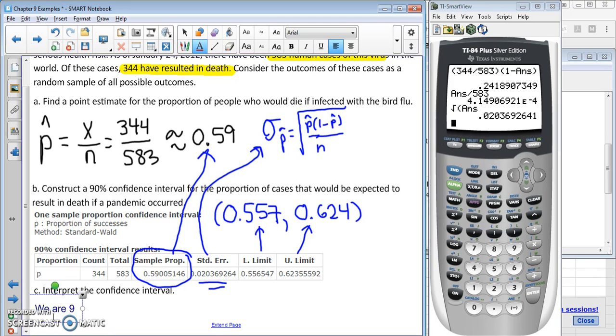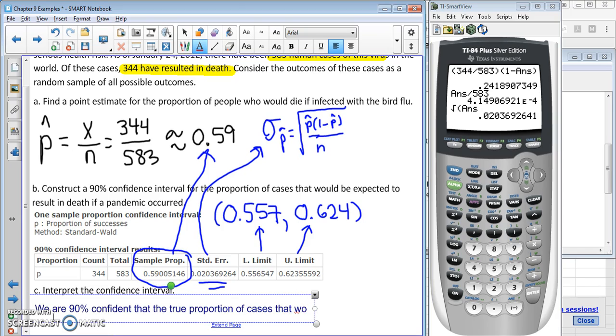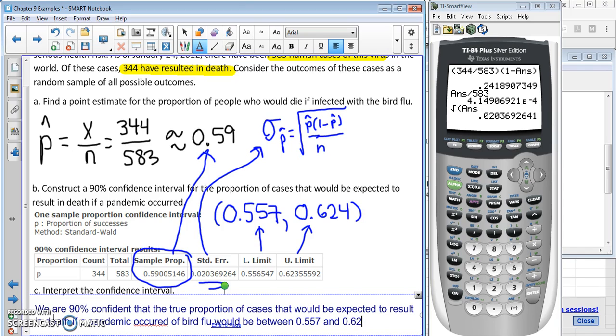We are 90% confident that the true proportion of cases that would be expected to result in death if a pandemic occurred of bird flu would be between 0.557 and 0.624.